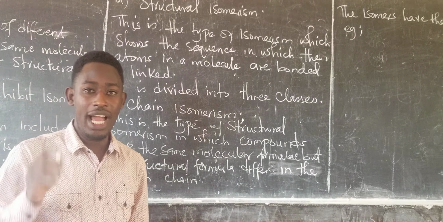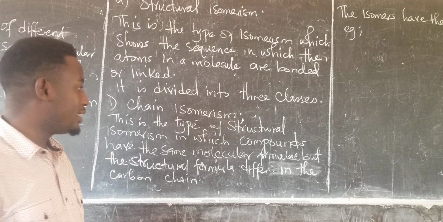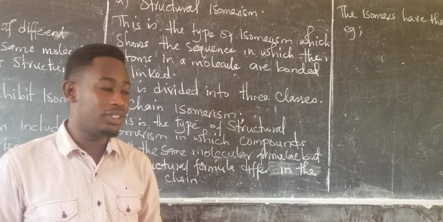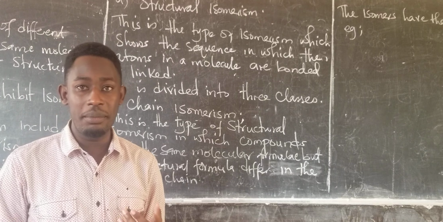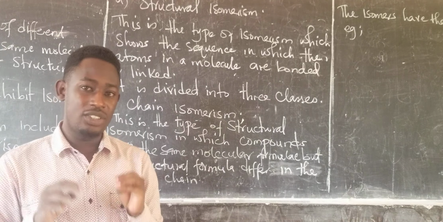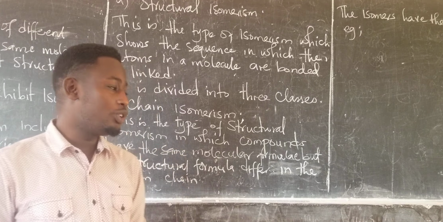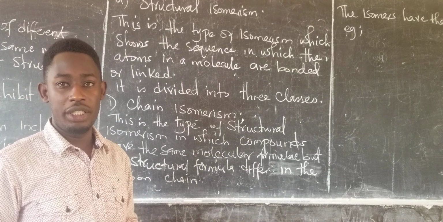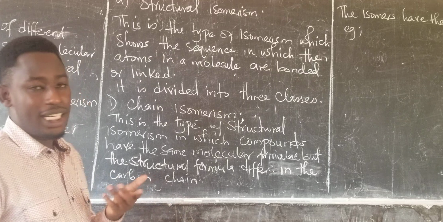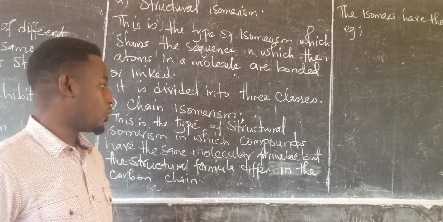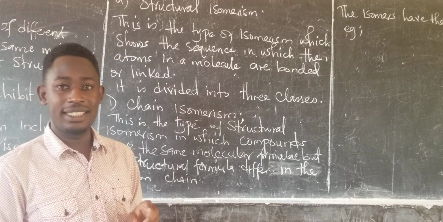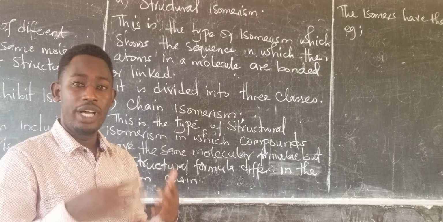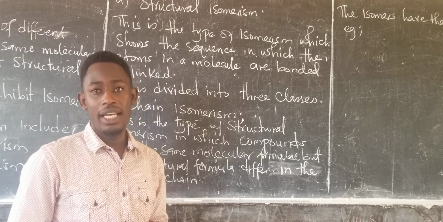Chain isomerism is a style of isomerism in which compounds have the same molecular formula, but the difference in the structural formula is due to the different arrangement of the carbon chain, or you can call it the skeleton of the compound. So the difference here is the arrangement of the atoms in the compound in form of chains, as we are going to see in the examples.